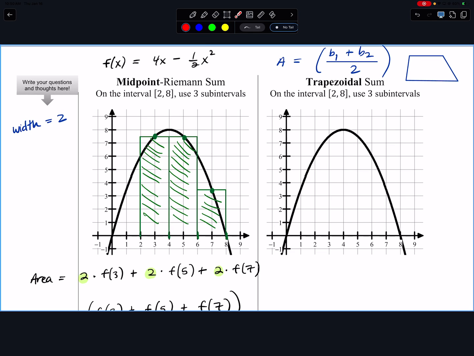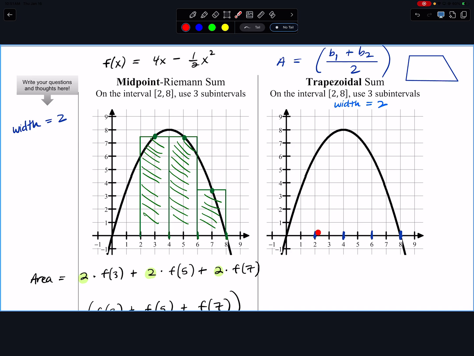All right. Find your width. Our width is still 2. So, starting at 2, from 2 to 4, 4 to 6, and from 6 to 8. The way that we're going to draw trapezoids is like this. Our base is 2, right?